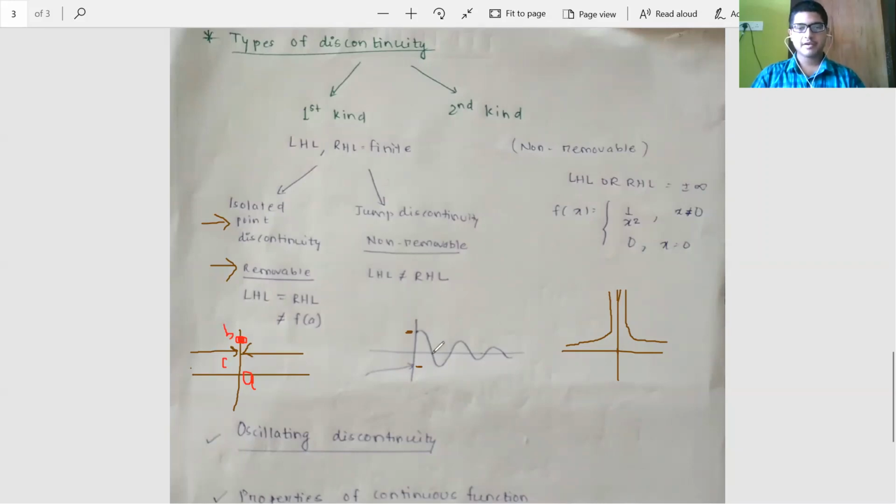And why is this non-removable? You can argue that I can just redefine this point, the origin, let's say this is equal to B, this is equal to C. So you define that f of 0 is equal to C. Fine, you take this point down to here. I agree, but then comes the point 0 plus.